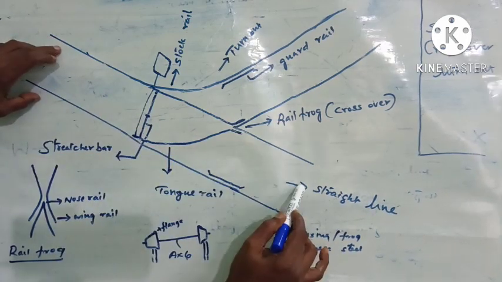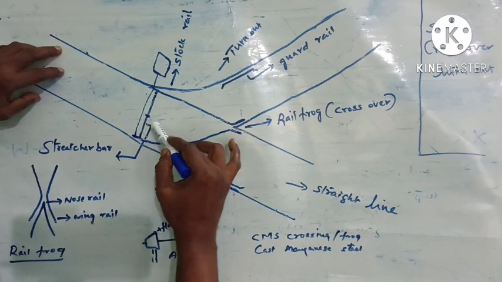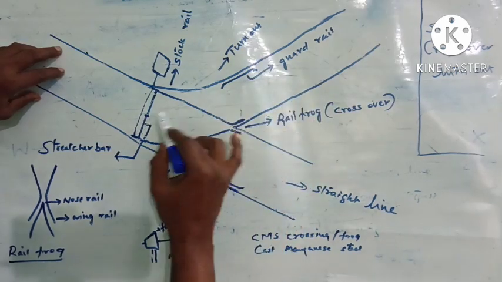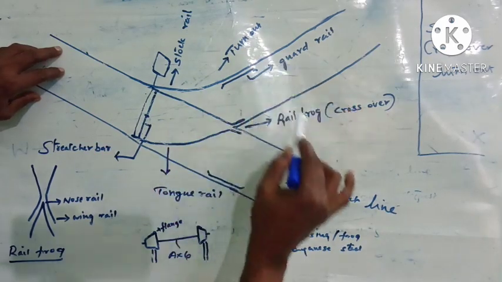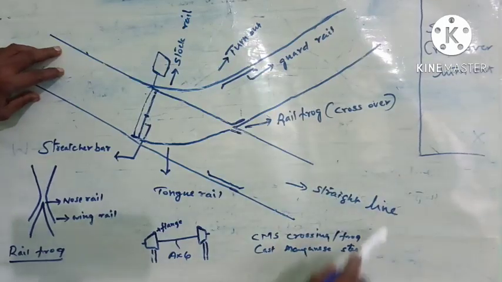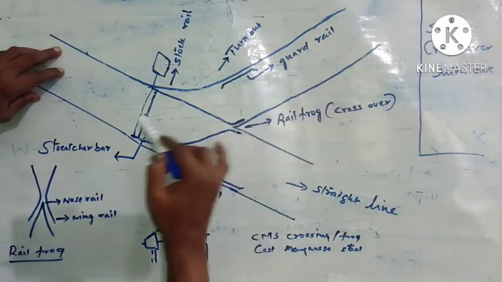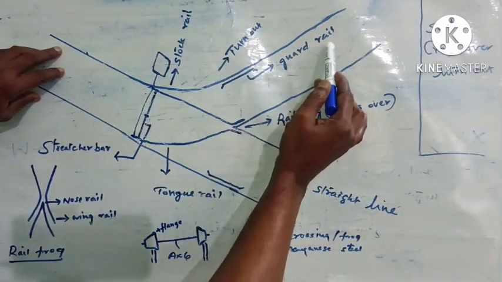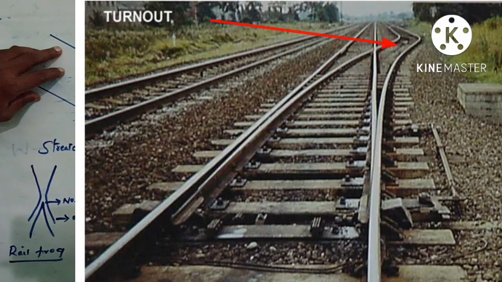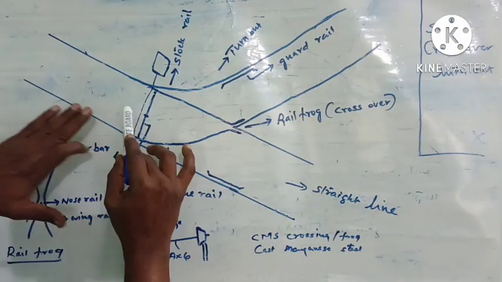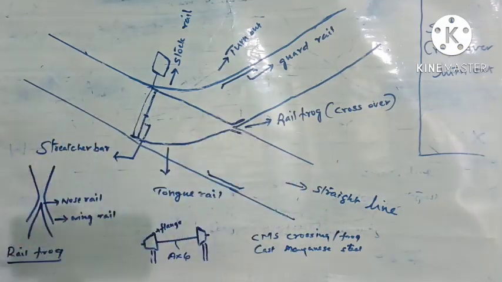And from this straight track, a line is branching off. And this branching off line is called a turnout. So this is a turnout. This turnout can join another track or it can go straight to another line. So we will see what are the portions of this turnout.